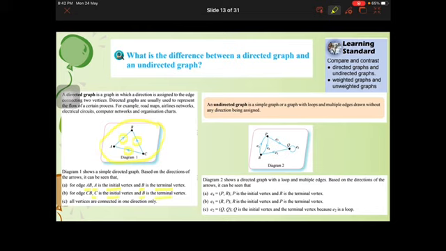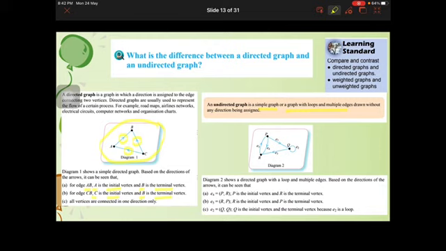All vertices are connected in one direction only. Now how about an undirected graph? An undirected graph is a simple graph or a graph with loops and multiple edges drawn without any direction being assigned, just like we did just now. There's no direction, no arrow.